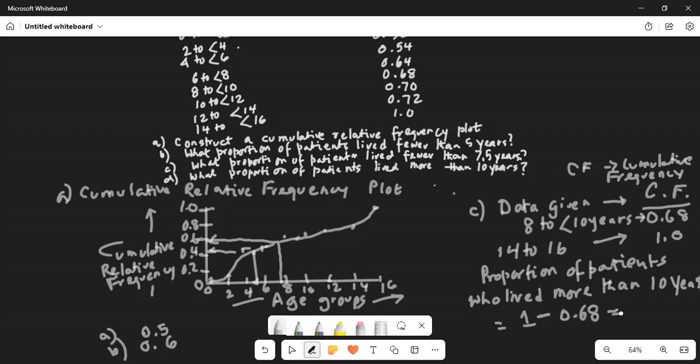And the answer is 0.32. So this is the answer for part C. Okay. Part A and B I already did from the cumulative frequency plot. And I will stop here today.